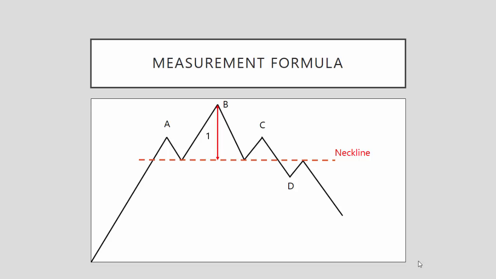We name it 1. Then measure the first rally making the left shoulder. We name it 2. The minimum target would be the lowest between these two measurements. So in this picture, we can expect this target as a minimum.